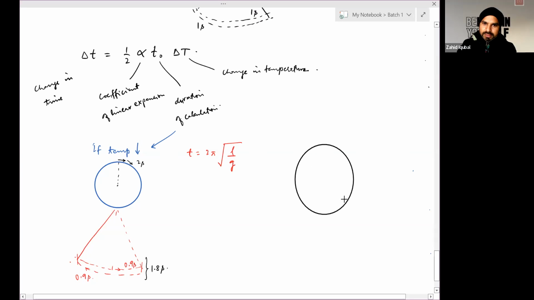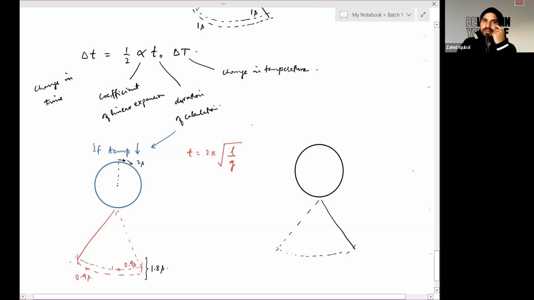Let's say the temperature is increased, so for oscillation from this point to this point, this increase in temperature will lead to an increase in length.